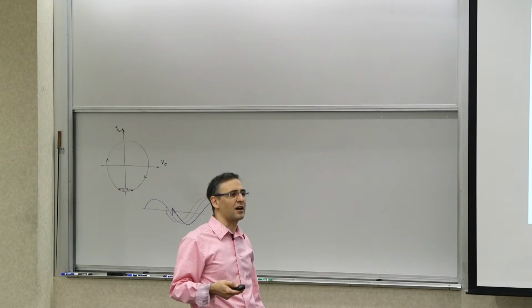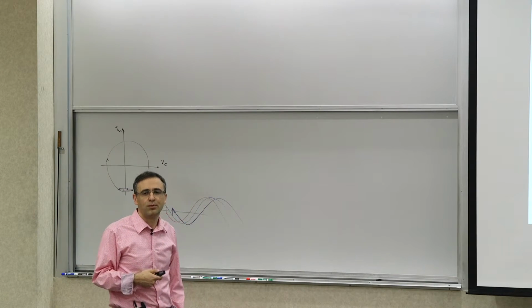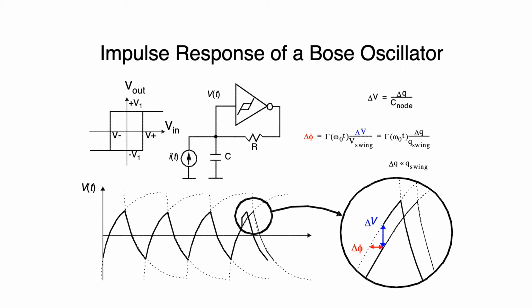Now, this is not even limited to the ring oscillator. Here is yet another kind of oscillator, the Bose oscillator. If you take an inverter, this is probably one of the simplest oscillators you can make. If you make an inverter with hysteresis and apply an RC circuit in parallel with it, you can produce an oscillator that transitions, going exponentially up and down, up and down.